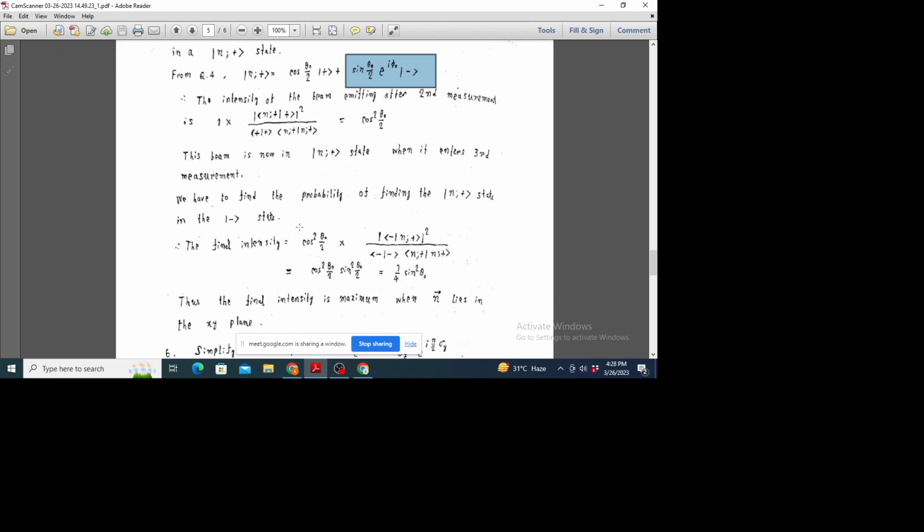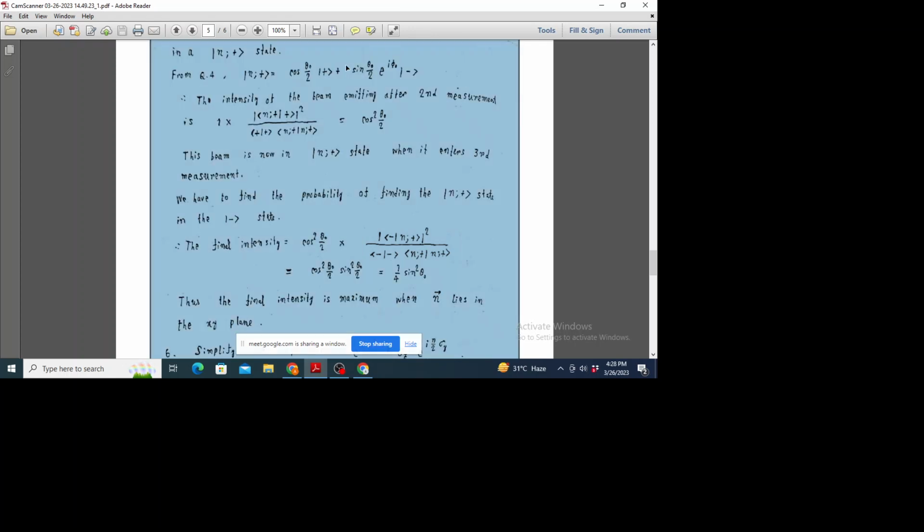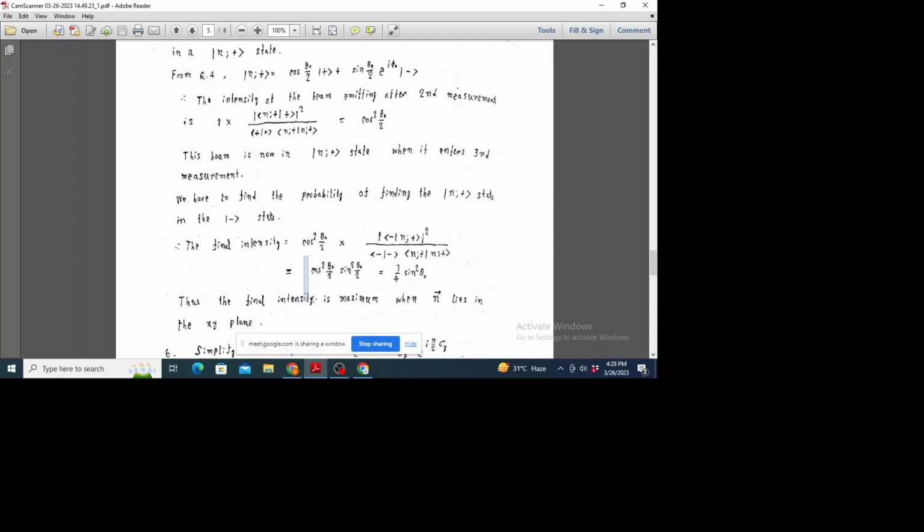Multiply this with the intensity that enters the third measurement, so cos square theta naught by 2, and this part gives you sin square theta naught by 2, as you can see from here. Multiply them and your final result is this. So your final intensity will be 1 by 4 sin square theta naught.